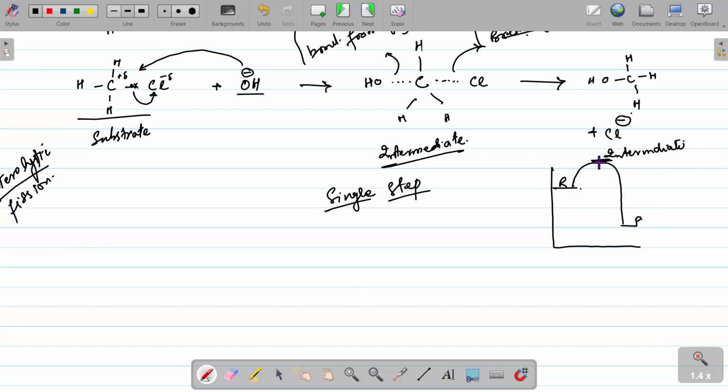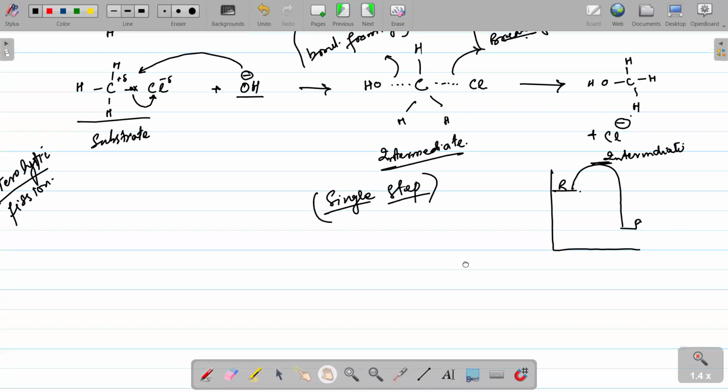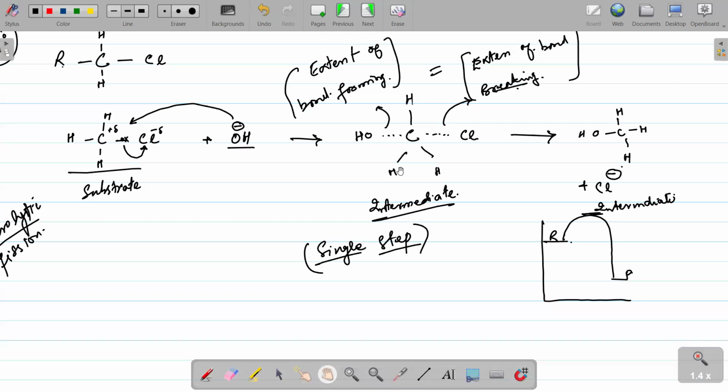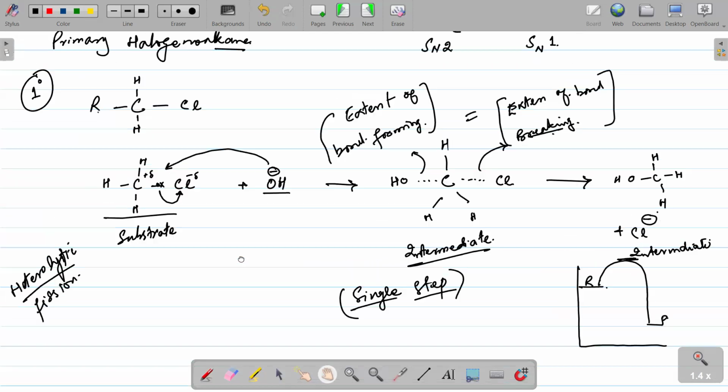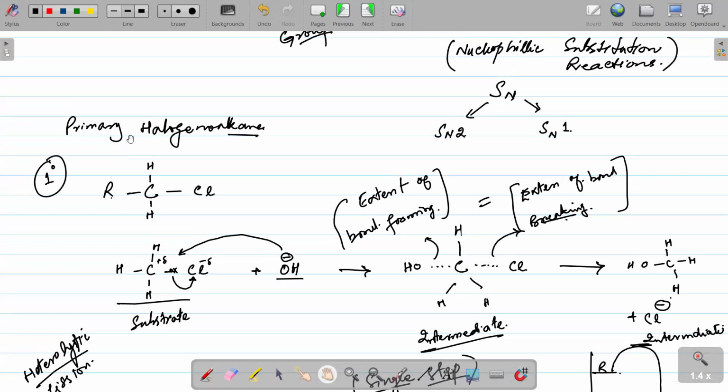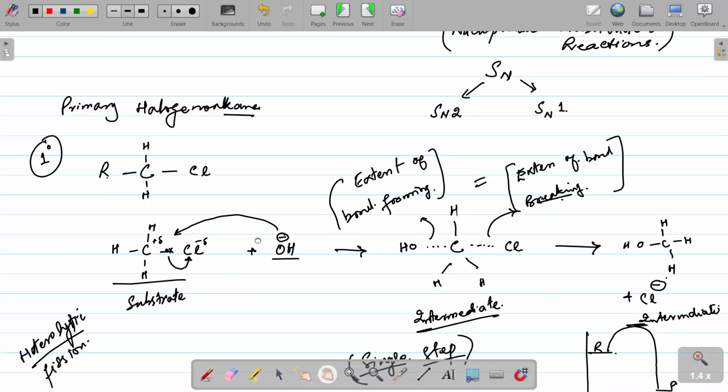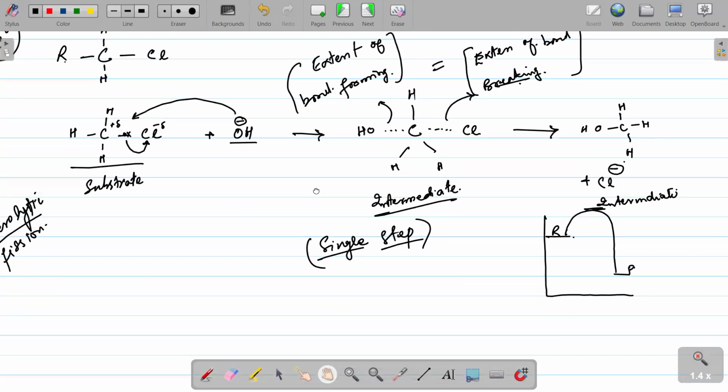So it's a single step reaction in which both bond formation and bond breakage occur simultaneously. That is a very important property of this reaction, and remember, this reaction is shown by primary halogenoalkanes.